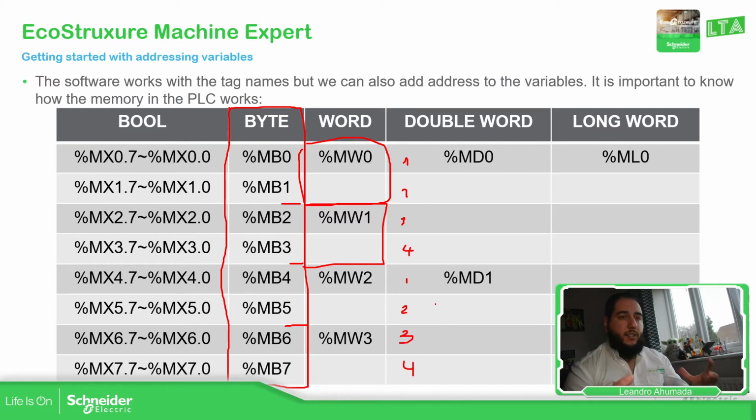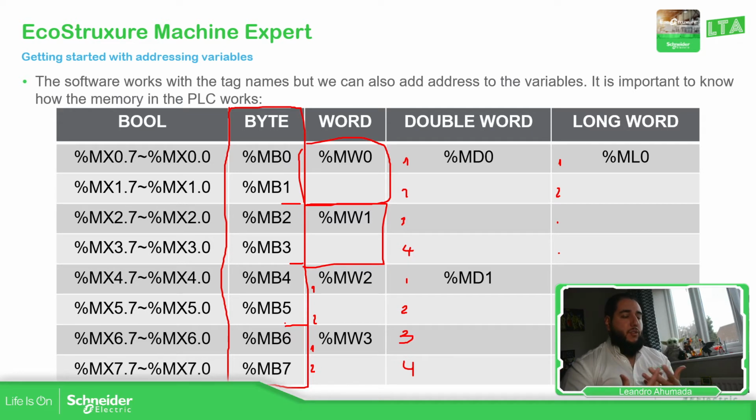So here you can get the idea how it's divided. And if you go to the long word, for example an LREAL variable, it has 64 bits, and 64 bits will be 8 bytes. So you have for this one 1, 2, 3, 4, 5, 6, 7, 8 bytes. And you can see how all this fits together over here. In this way you can get an idea how the variables are organized.